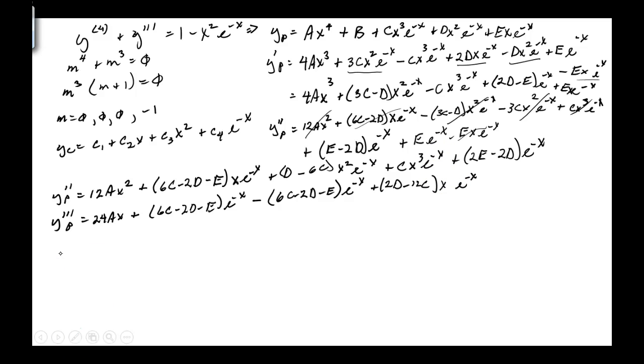All right. Now we're going to do the second half of that one, which would be minus d minus 6c, x squared e to the minus x. Okay. See, that takes care of this one, that one, that one.